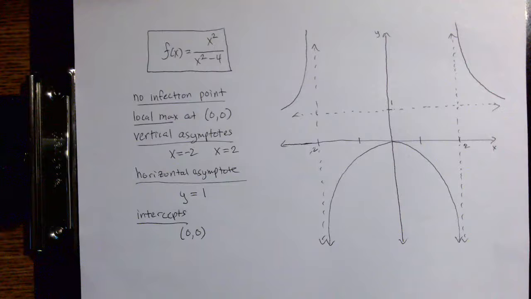This doesn't have the right local maximum, or this is not increasing in the right place, or the concavity doesn't seem to make sense. That's what I'd like you to get out of this section, to be able to have that understanding of how the derivative tells you what to expect.